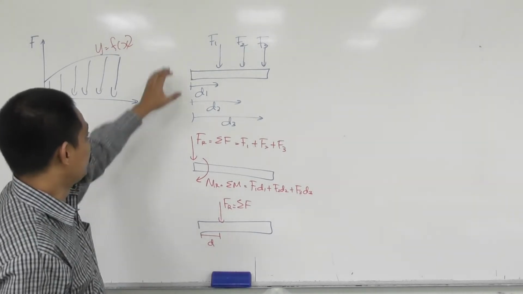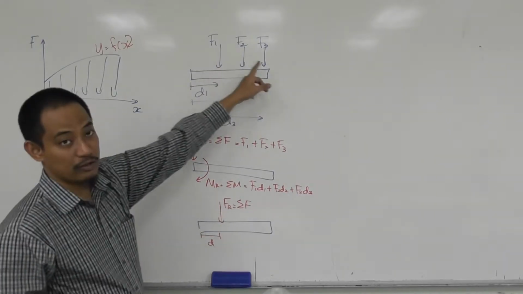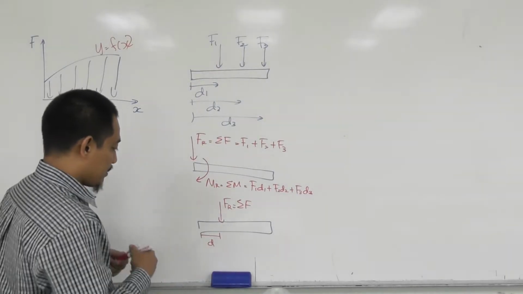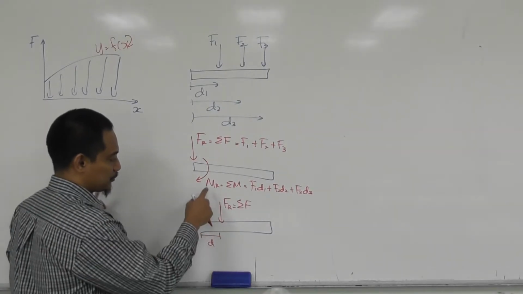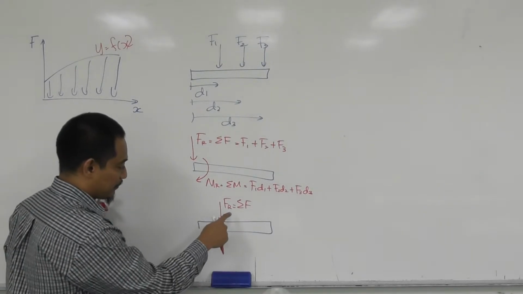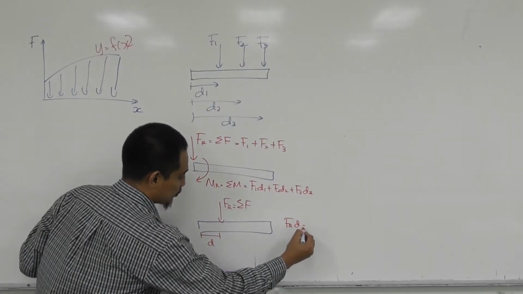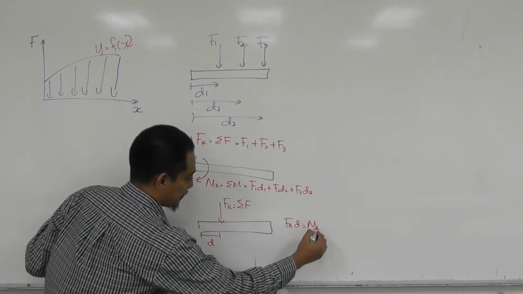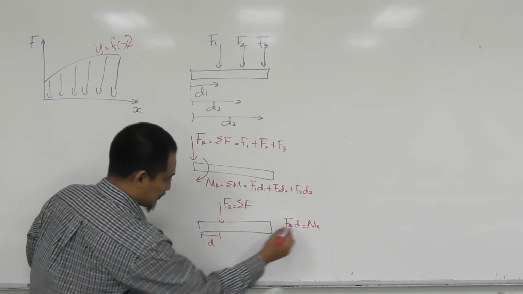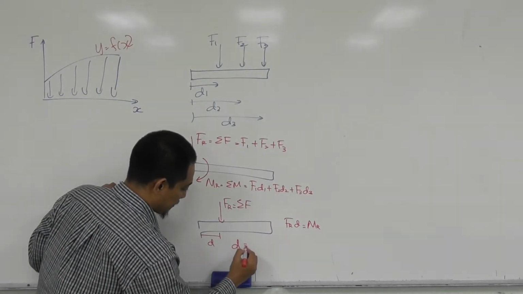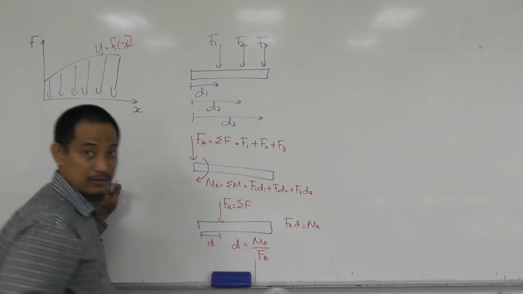Fr is just the summation of all the forces, and we know this distance d corresponds to this moment, meaning that Fr times d should equal Mr. In other words, d is Mr divided by Fr.